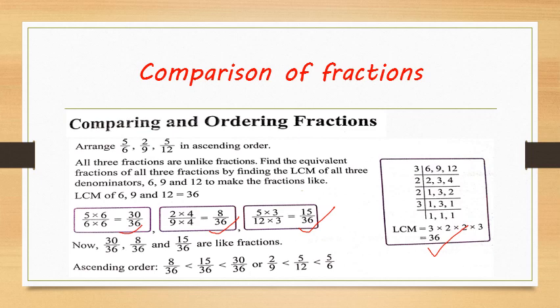Now compare the numerators and arrange the fractions in ascending order of their numerators. Ascending order means the smallest one will be written first. So 8 upon 36 is the smallest, then 15 upon 36, then 30 upon 36. So this is your required order.